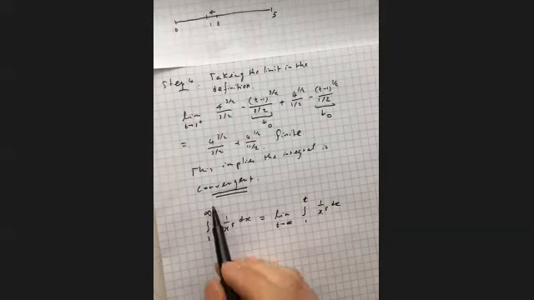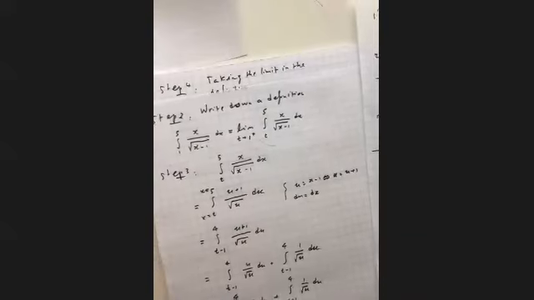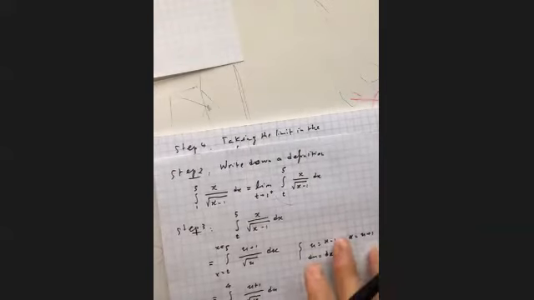So if the singularity is caused by the size of the interval, then we have this definition here. That's for the first type. The second step in my computation is, once we determine which type of singularity we have and where it is, we write down the definition, which is what I just did.